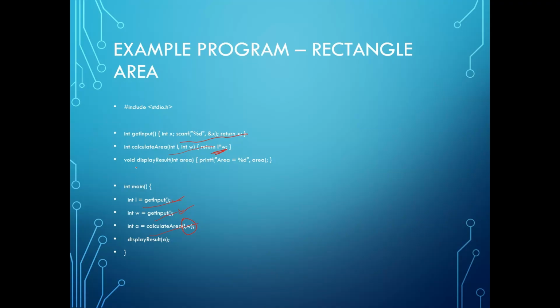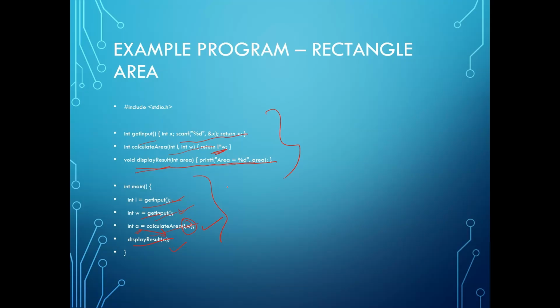For display, you use a displayResult function which takes int area and prints the area. This is how you can make more readable code using multiple functions.